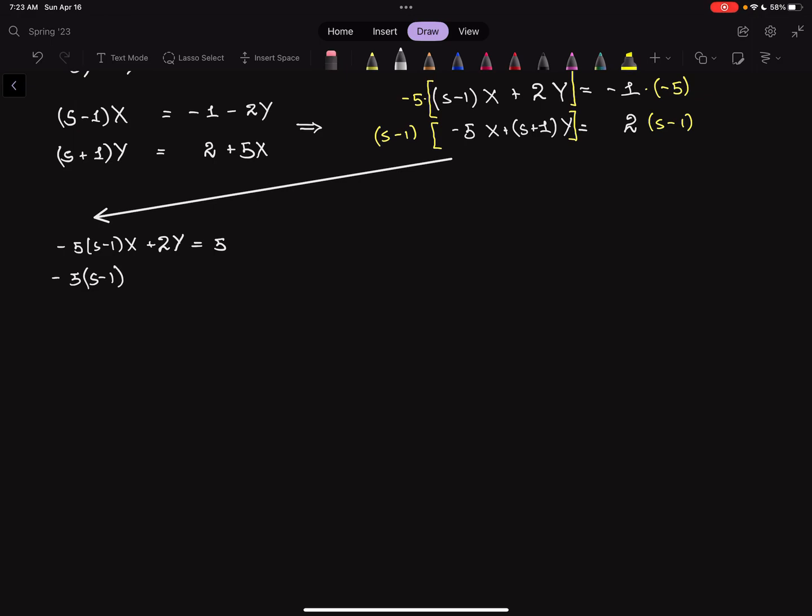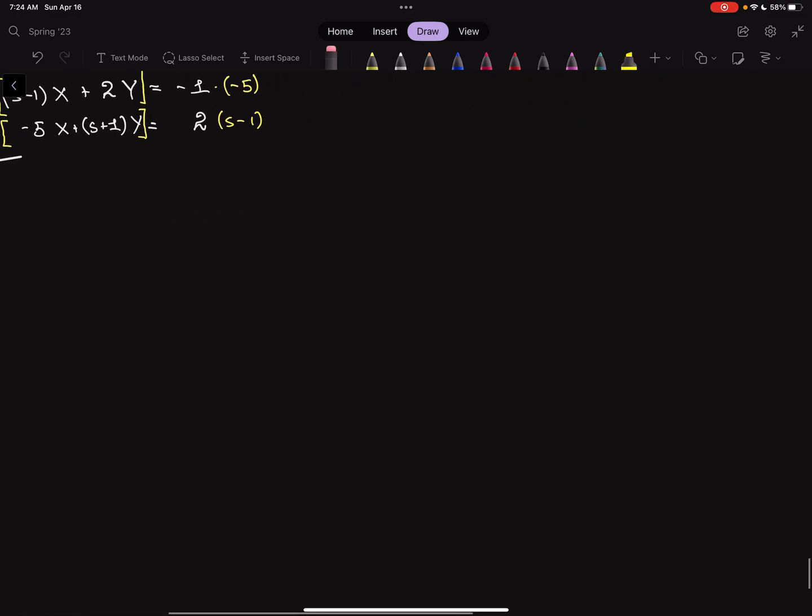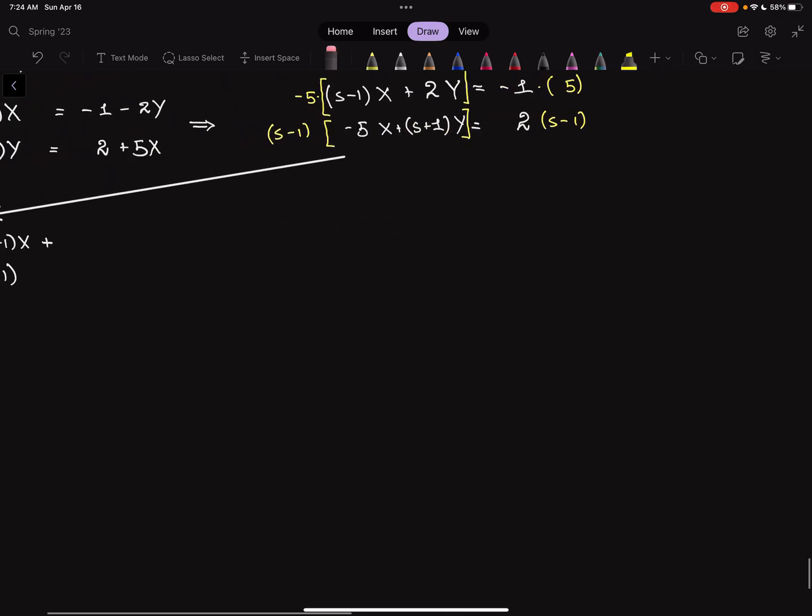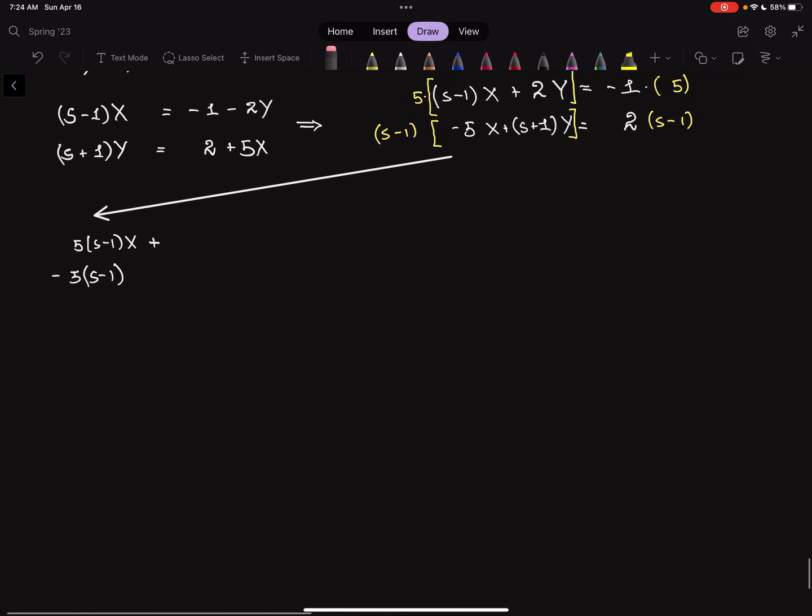So I should have multiplied the top by a positive. And then I forgot to multiply here. So that's going to be plus, because now I'm multiplying it by a positive 5. So that's going to be 10Y equals -5.